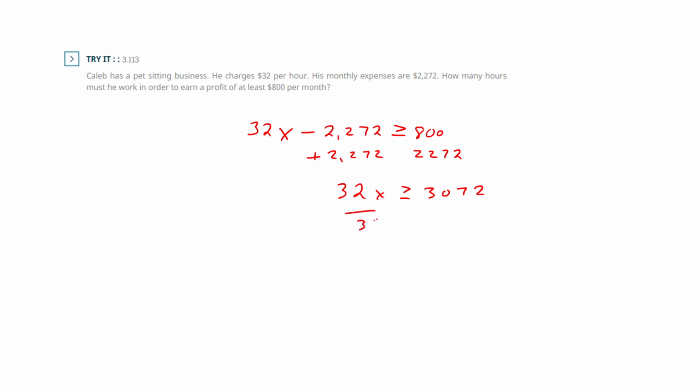Divide both sides by 32. And I've got x greater than or equal to 96. Yeah, 96, this is hours.